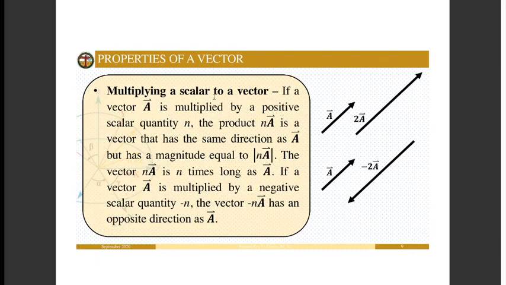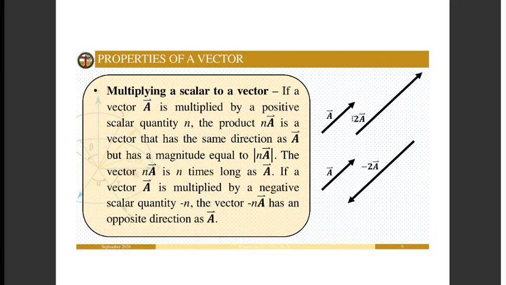So for example, I have here A, ito. I will multiply this one by 2. So the effect of multiplying by the scalar quantity 2 is that it will change the magnitude of the vector quantity.